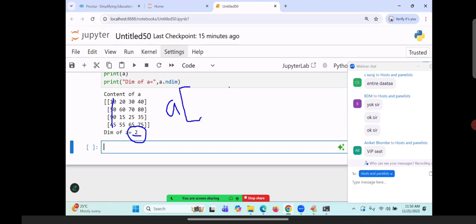This one deals with the rows. This one deals with the columns. The first one is called row information. The second one is called column information. How many rows do you want? All rows you want. What is the row beginning? What is the row ending?